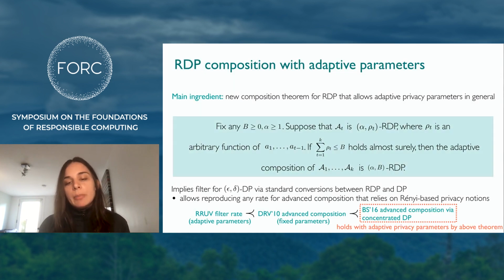So for example, Bun and Steinke in 2016 provide a more sophisticated analysis that relies on concentrated DP, and they get a better rate for advanced composition. And so what our result essentially implies is that these stronger rates that rely on Rényi notions are also valid under adaptively chosen privacy parameters.